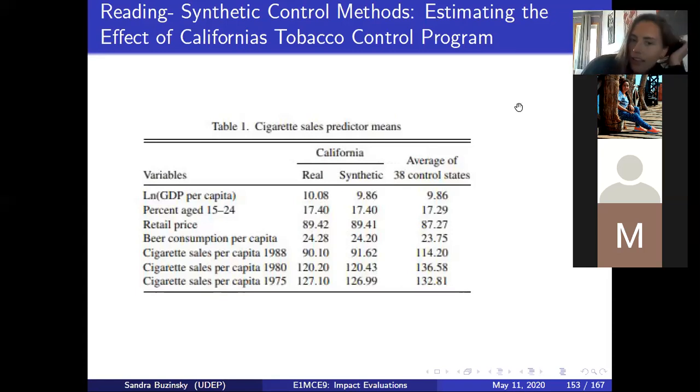Okay, so we just looked at table 1, which is looking at the predictor means for our synthetic control group compared to California. And we can clearly see here that creating a synthetic control is much better than just averaging all the control states.